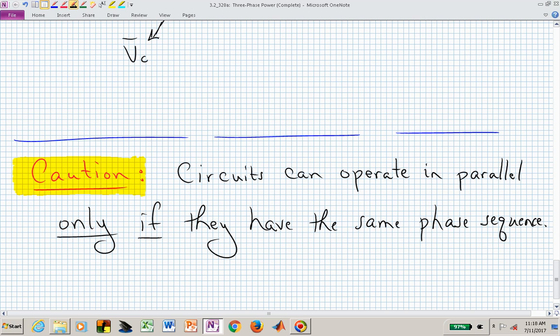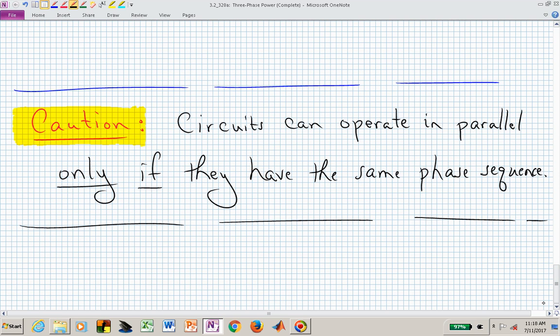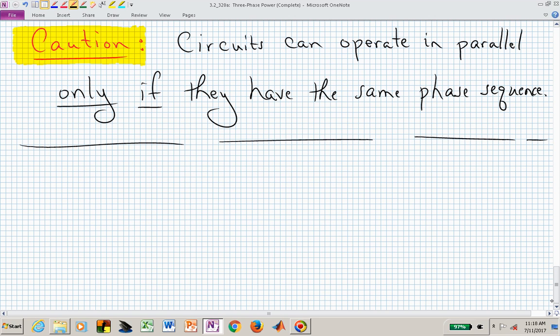That's the phase sequence, and I want you to make sure that that is understood, and that's different from what we will talk about now, which is how the sources and the loads could actually be interconnected internal to this three-phase system.